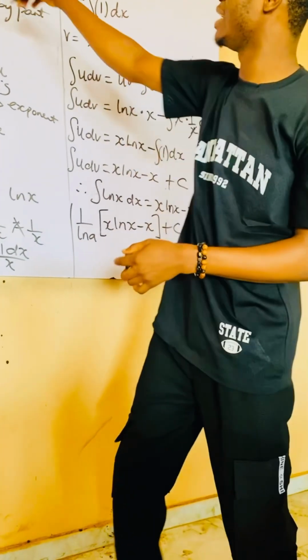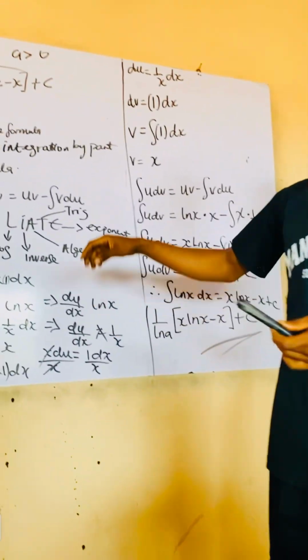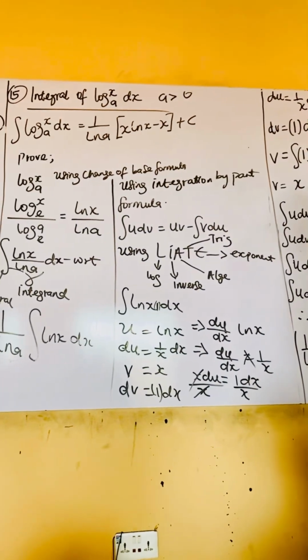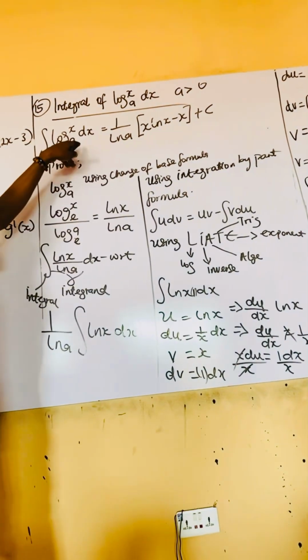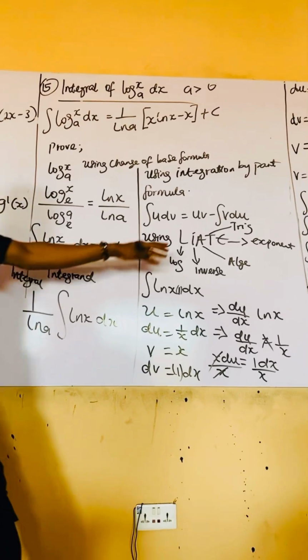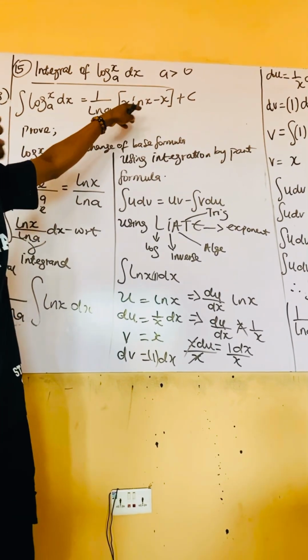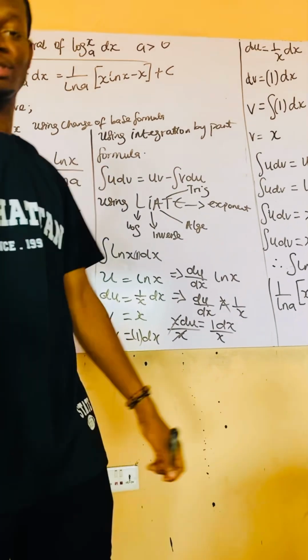This is the derivative I gave you here. Do you see it now? So the derivative of x log base a of x dx is 1 over ln of a, times x ln of x minus x plus our arbitrary constant.